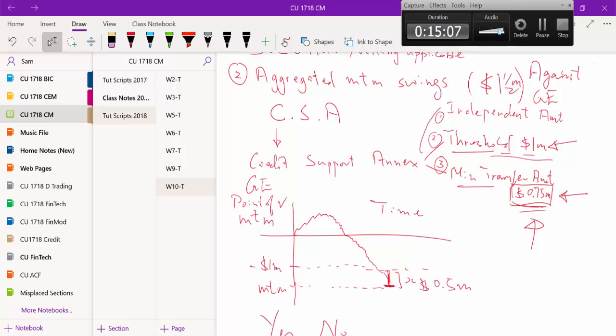So they try to solve that problem with something called the credit support annex. We did talk about this last time, remember? I'm just refreshing your memory. The credit support annex, or CSA, is actually not compulsory.